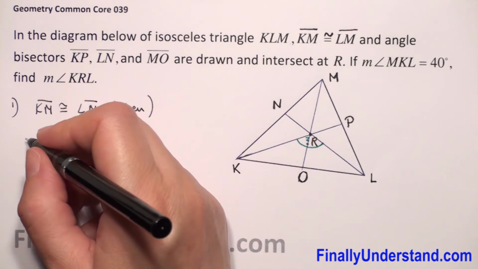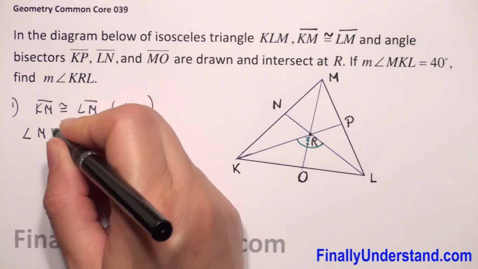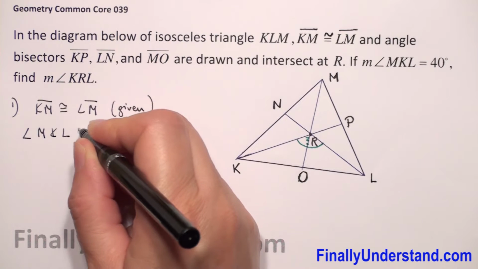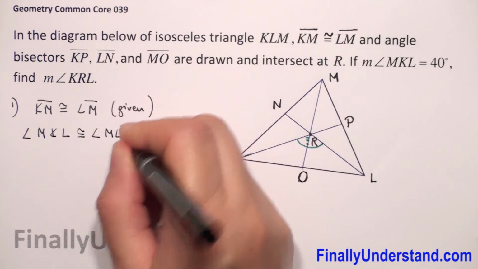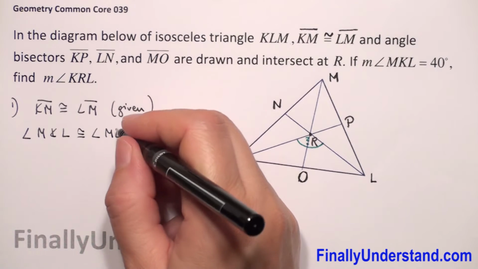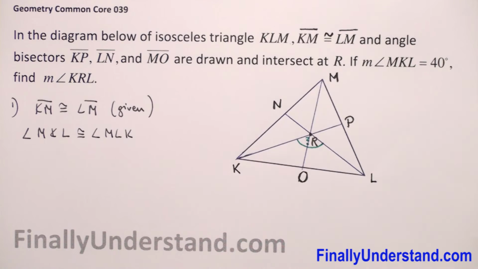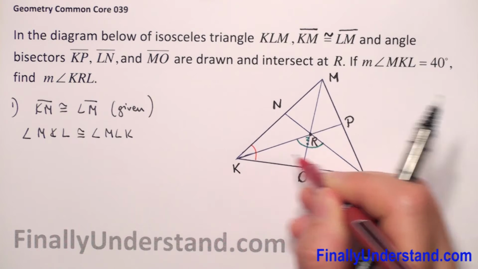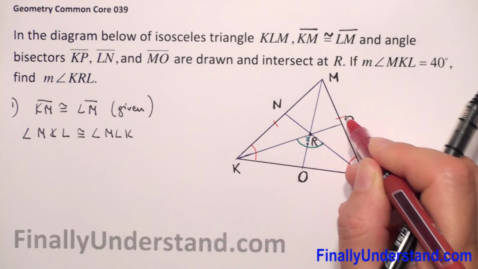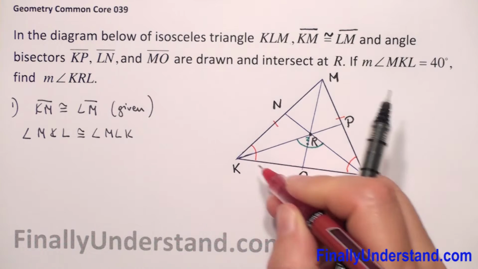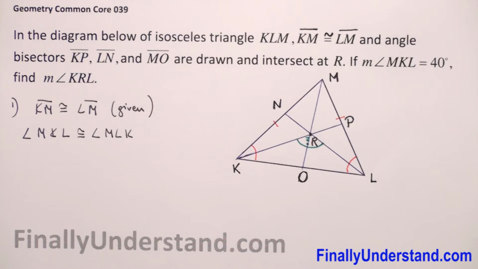So we can write that angle MKL is congruent to angle MLK, because this is an isosceles triangle. So this angle is congruent to that angle. This side is congruent to that side. KM is congruent to LM.